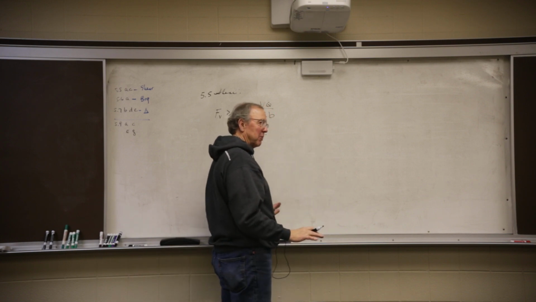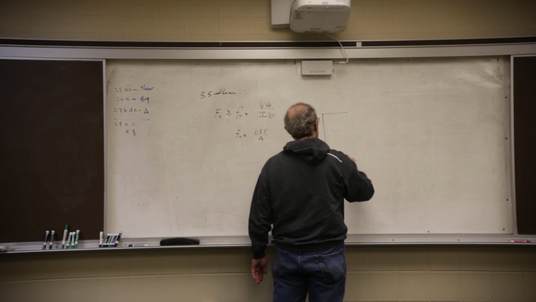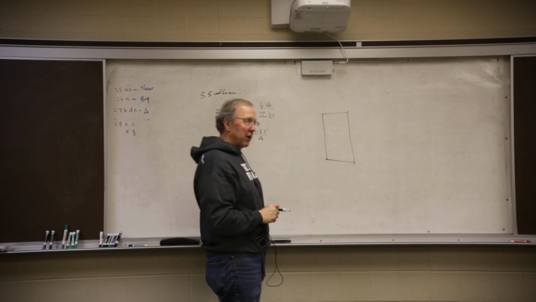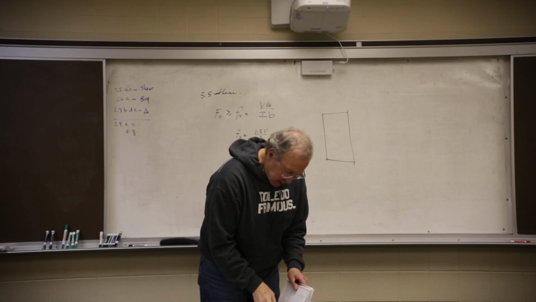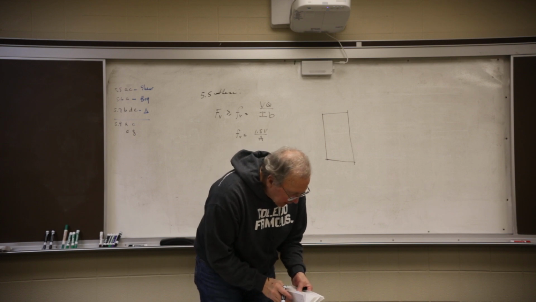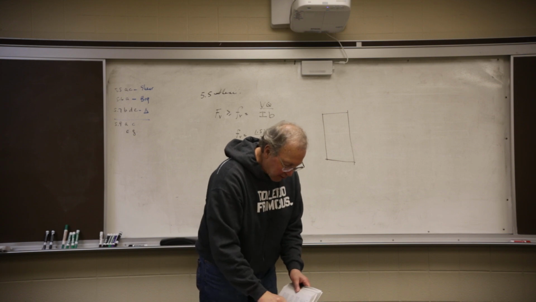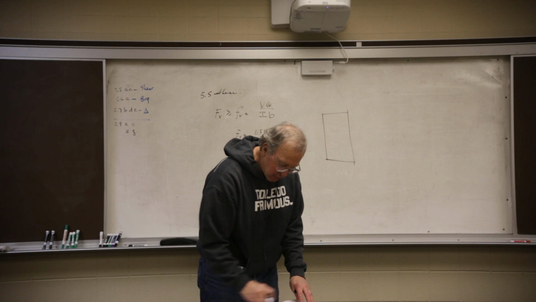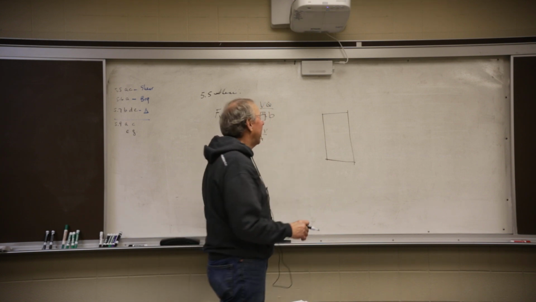It's a rectangle. So I'm going to draw a rectangle on the board. And if you go to your book on page 666, you're going to see this rectangle. So 666 is in the back of your book, of course. And if you go to that page, you're going to see in the top left-hand corner is a rectangle. And it's got B and D written right there. B is the width, D is the height.